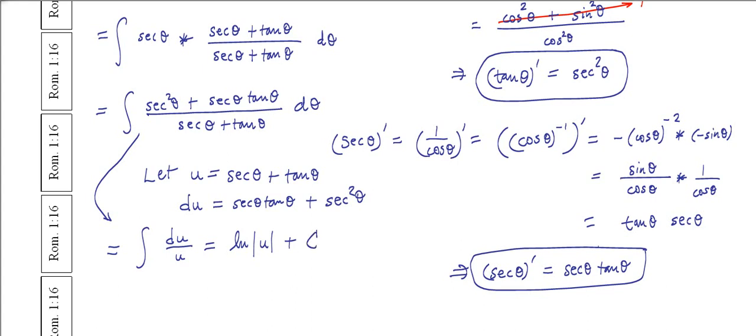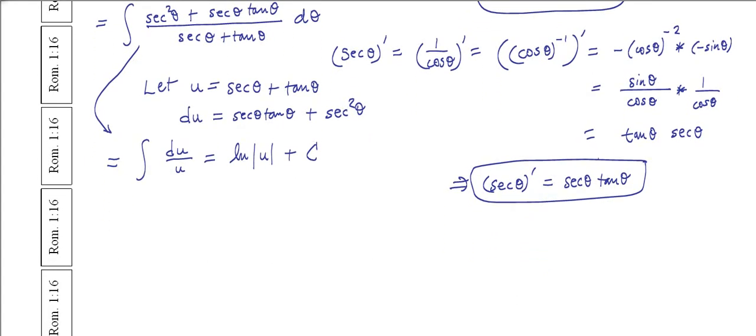If I sub back in what u is, then the integral I was after originally, the integral of secant theta d theta, is equal to the natural log of the absolute value of secant of theta plus tangent of theta, plus of course that constant of integration.